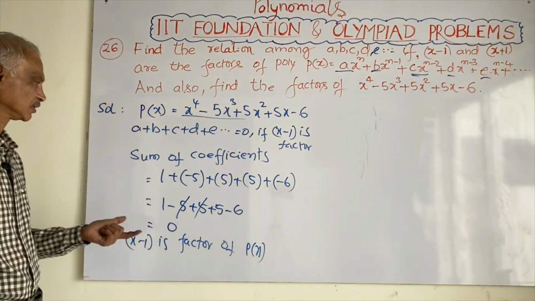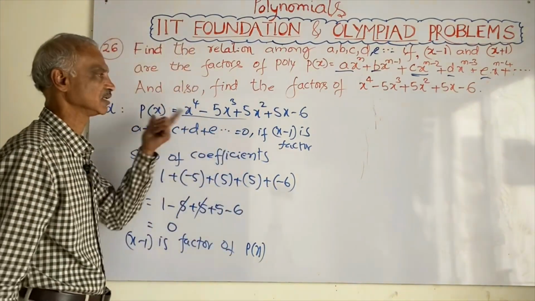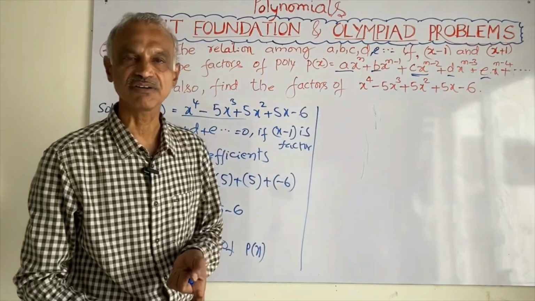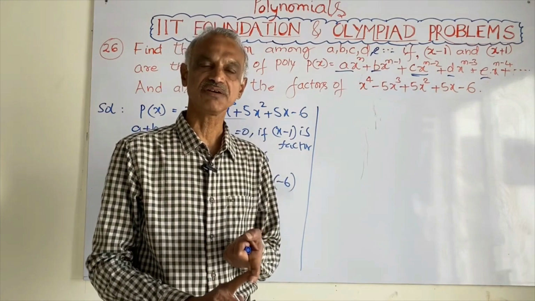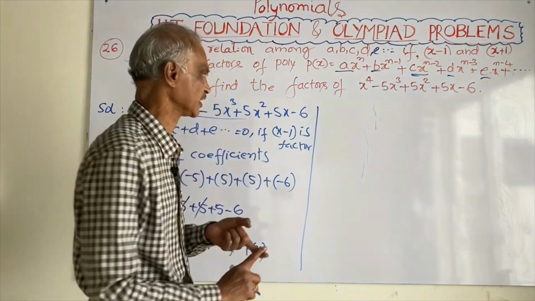Now let us check whether x plus 1 is a factor of this polynomial. If x plus 1 is a factor of p of x, then the sum of the coefficients of even powers of x is equal to the sum of the coefficients of odd powers of x.